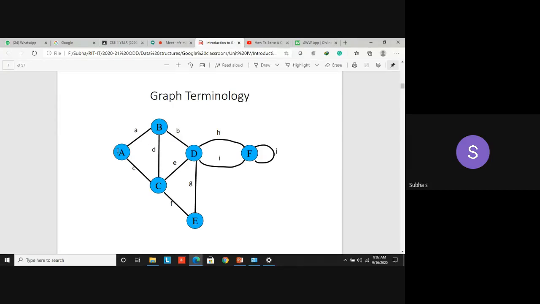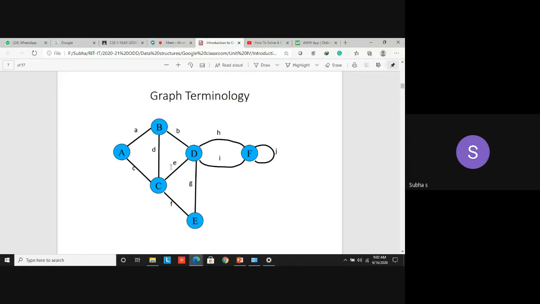That means from A I can pass to B. Similarly, from B I can have a path to A. That is the meaning of undirected graph. In this way we can represent the graph. From this graph I can separate different subgraphs also. This ABC itself can also be called a graph.